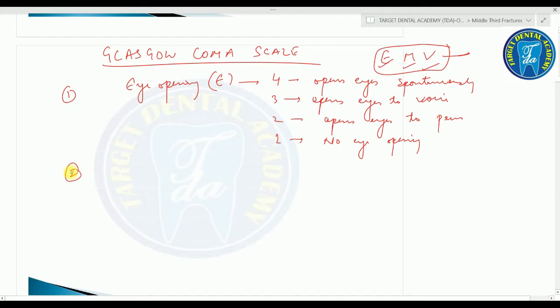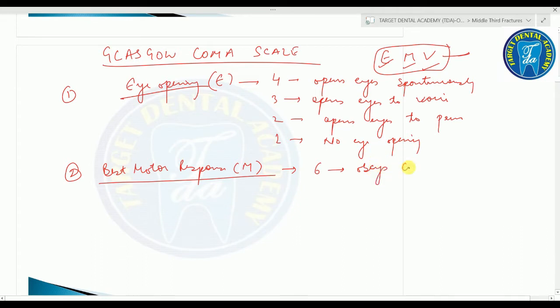Right. Second is your best motor response, which is denoted with M. In this, it has 6 scales. Scale number 6, obeys the command. Fifth scale is it localizes to the pain.